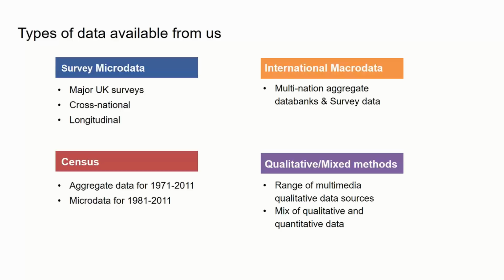International macrodata, such as multinational aggregate data banks and survey data. Census data, aggregate data from 1971 to 2011, or microdata from 1981 to 2011. We also hold qualitative and mixed methods data.